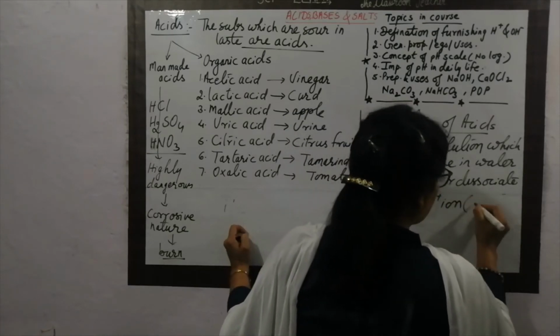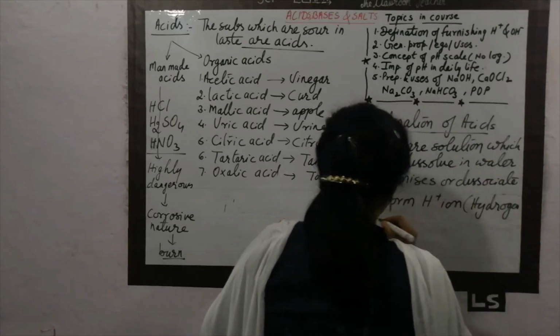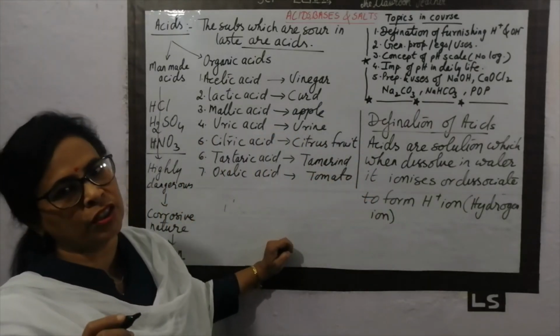What is H plus ion? That is the hydrogen ion. This solution is called acid.